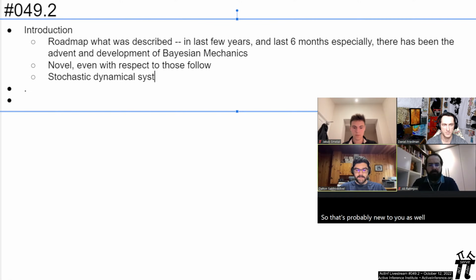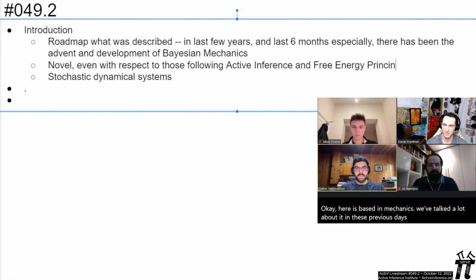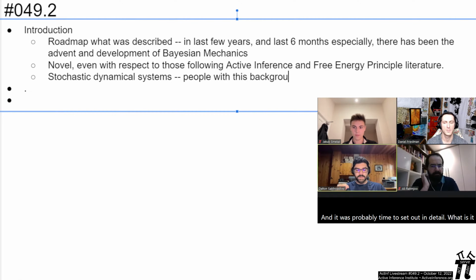So the idea of the introduction is just to set out, okay, here is Bayesian mechanics. We've talked a lot about it in these previous papers, and it was probably time to set out in detail what it is and why we are interested in it and how we use it, which is, of course, later on in the paper, the worked example.